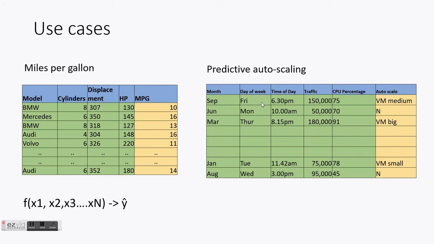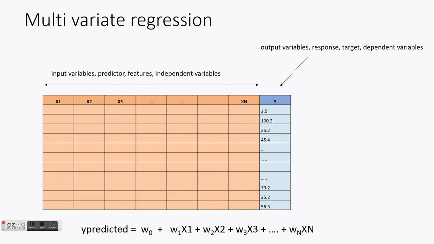In the month of September, on Friday at 6:30 p.m., the traffic was 150,000 hits per minute, and the CPU usage was 70%. And we actually needed to add an extra VM, which was a medium-sized VM. Similarly, in March at 8:15 p.m., the traffic was 180,000, the CPU percentage was 91. We needed to add a large VM, etc. So again, we can train a machine learning model to help us do this.